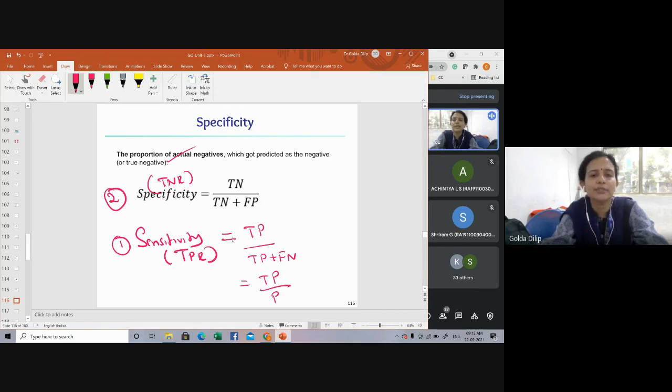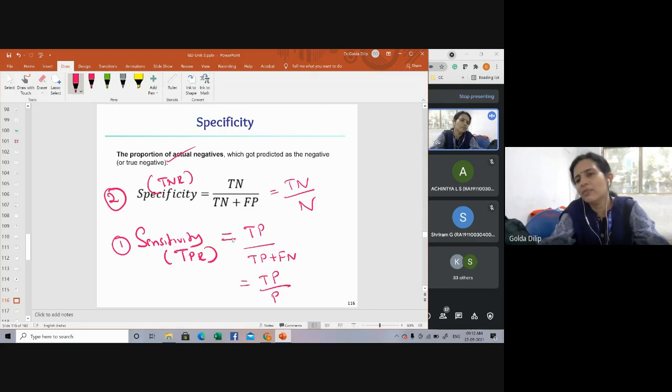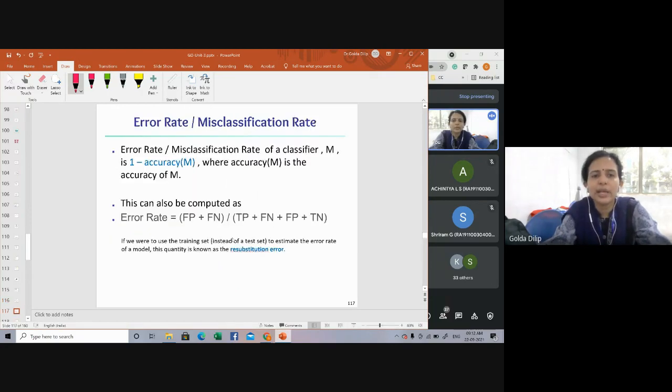It is TN divided by TN plus FP. So this is another related concept, specificity, along with your sensitivity.